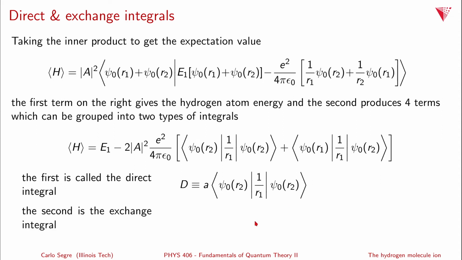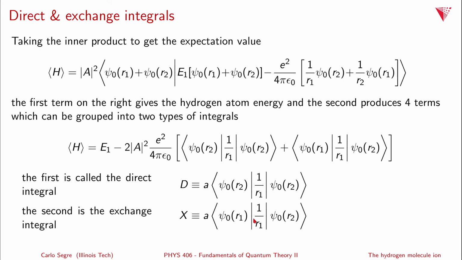The second one is called an exchange integral. And we're writing this as X is equal to A times the inner product of psi 0 of R1, 1 over R1, psi 0 of R2. So you can see what this is. This is sort of the electron wave function around one proton and the potential that's due to the other proton.